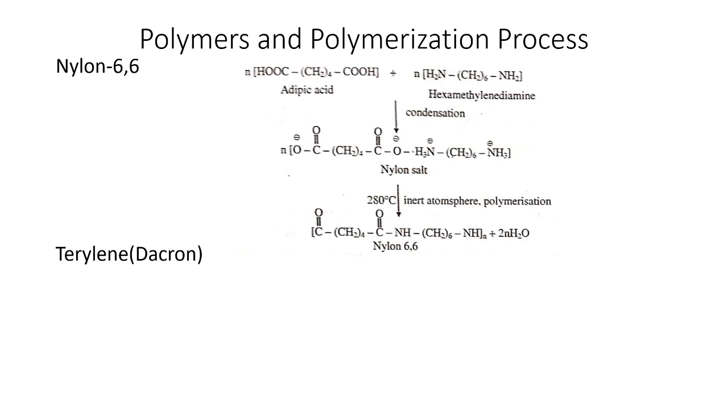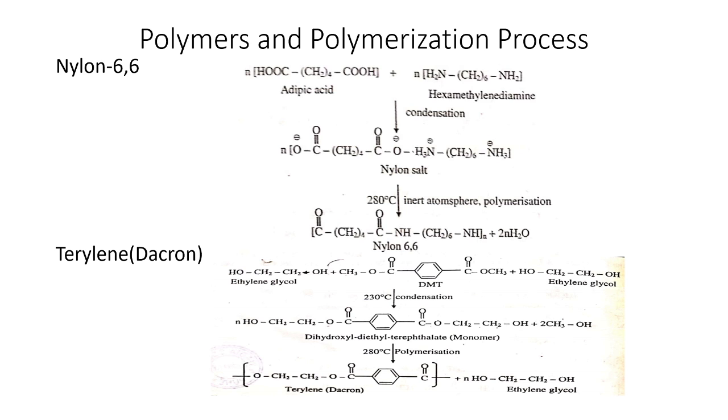The next polymer is terylene, which is also called Dacron. Terylene is the British name for Dacron. It is a polyester manufactured by condensation polymerization of dimethyl terephthalate and ethylene glycol, and hence the name terylene: 'ter' from terephthalate and 'ylene' from ethylene.